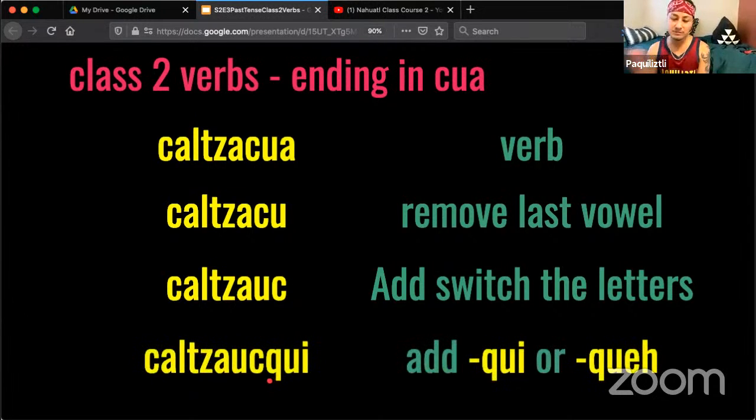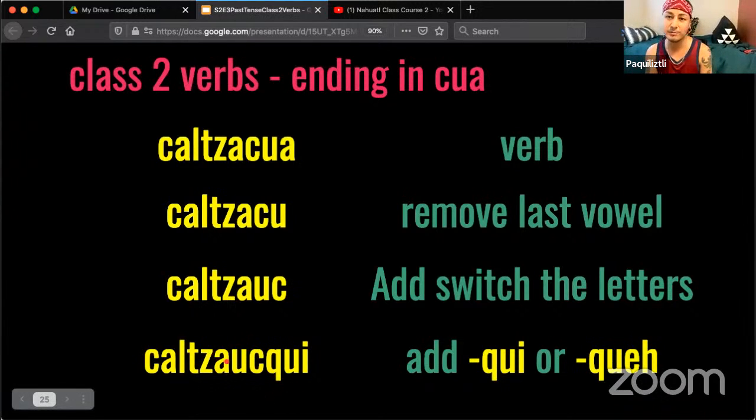But if you remember what I told you, when this k sound, caltzauk, and this qui sound, when these two k sounds come together, Huasteca Nahuatl people are gonna pronounce it more like a hard J, or like an H with a K. So it's gonna sound something like caltzahki. It's like an H or a J if you think about it like in Spanish, caltzahki.